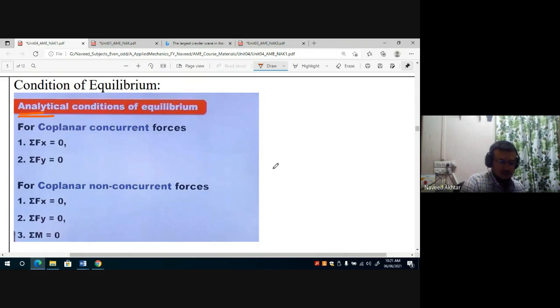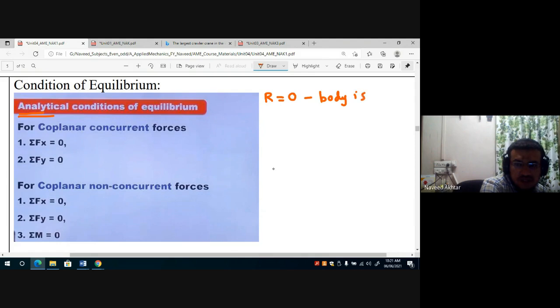If you know that the system of forces is there, and the resultant R of the system of forces is equal to 0, when the net force is equal to 0, then the body is in equilibrium.